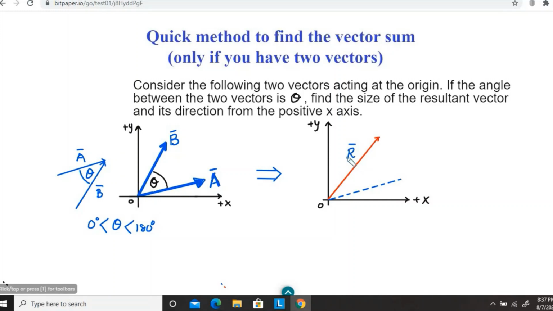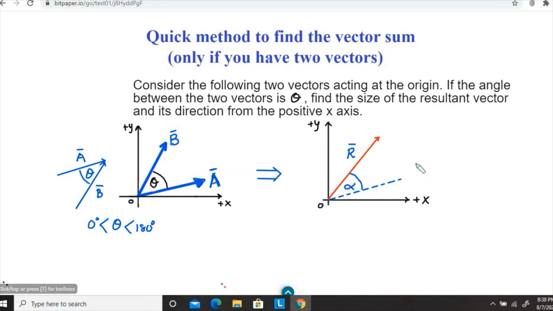I'm going to show you how to find the magnitude and the angle it makes with the A vector. So remember, it's not with the x-axis or the y-axis. This method gives you a way to find the angle with respect to the A vector. So that means this angle. Instead of our usual theta, let me call that alpha.